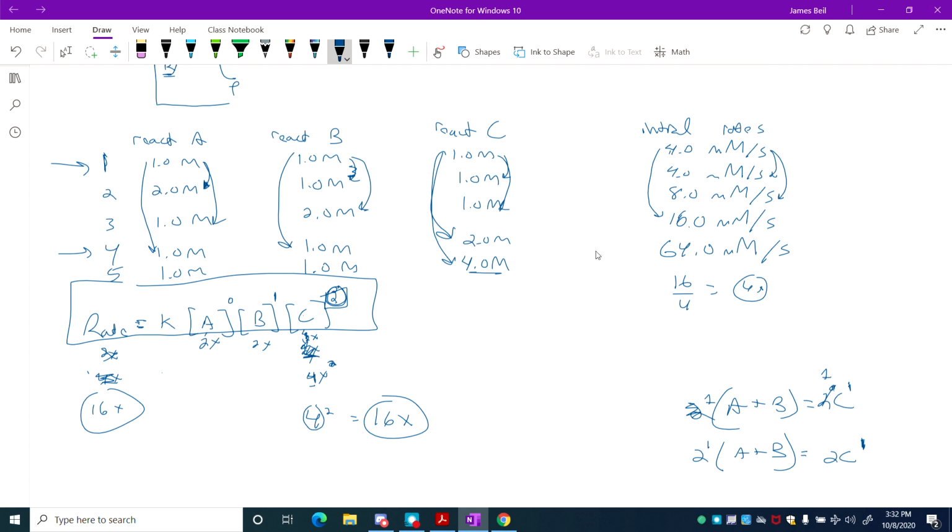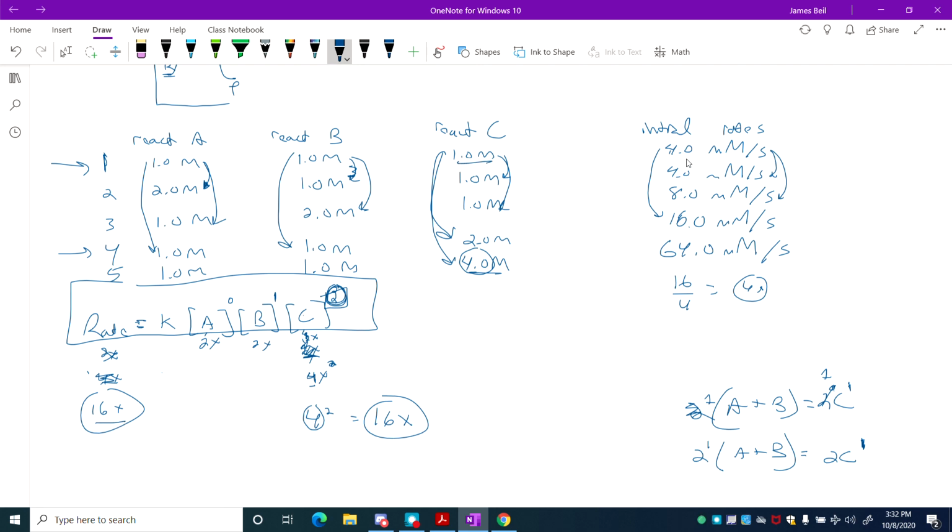The exponent affects the molarity change. Whatever molarity change you have, you take that number to the exponent to figure out how much the rate is going to change from what it was at the lower molarity.